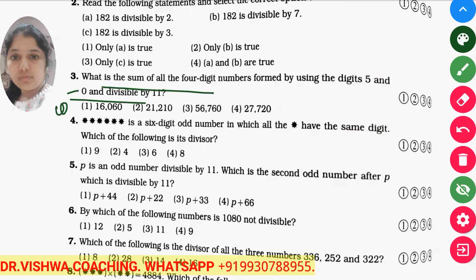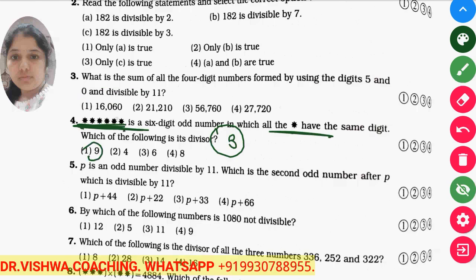Now here a 6-digit odd number is given with the same digit at each place. Which of the following is its divisor? Now if you look carefully, it is an odd number. If we consider 5, it should not be divisible by 9 because 5 sixes are 30, and 30 is not divisible by 9.